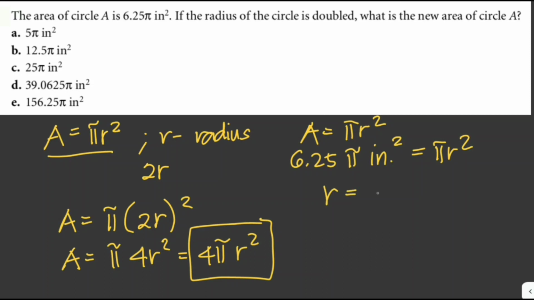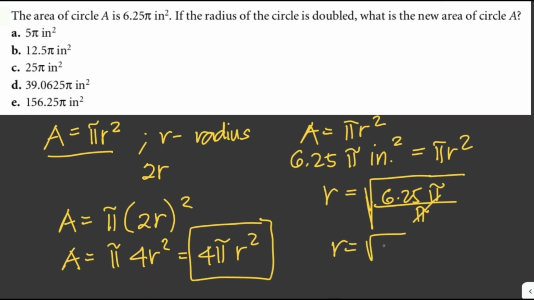So the radius is just the square root of 6.25 pi over pi, and this cancels out. So the radius is just equal to the square root of 6.25, which is just equal to 2.5. And now we can solve for the new area.